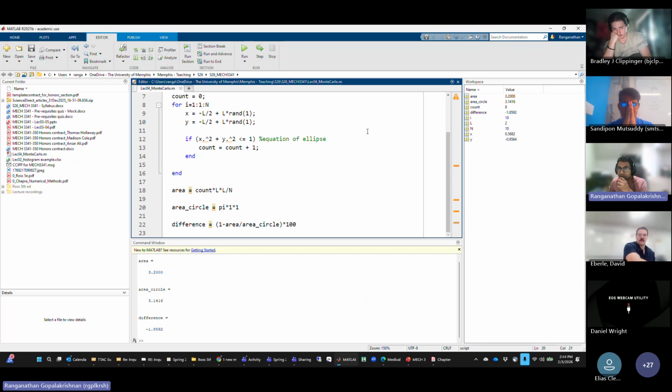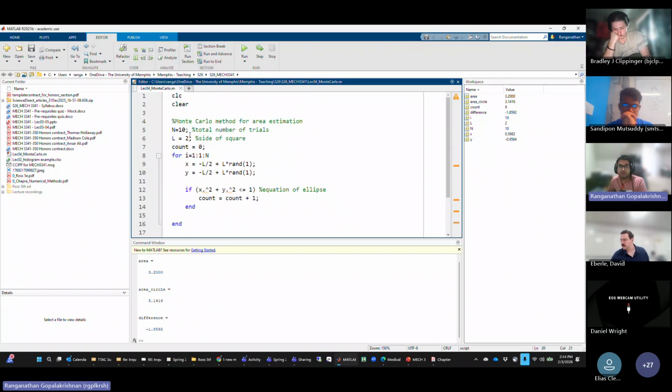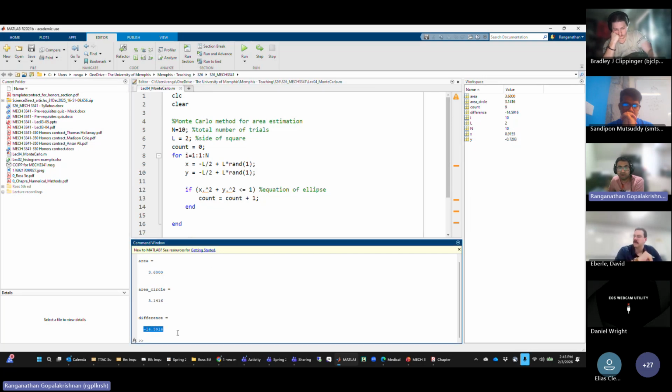So 8 out of those 10 times the chosen points were within the circle, and the error I'm getting is about -1.85%. If I run this again, this time I'm getting a difference of around -14.59%. I hope you can see this, minus 14.59%. In this case, only 9 out of 10 values were within the circle.